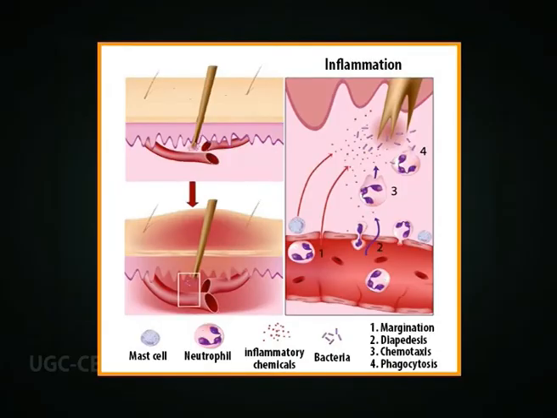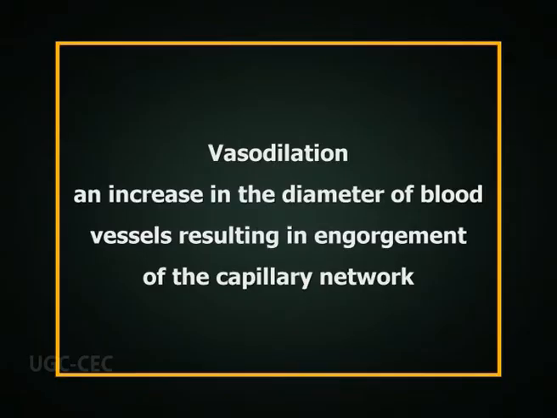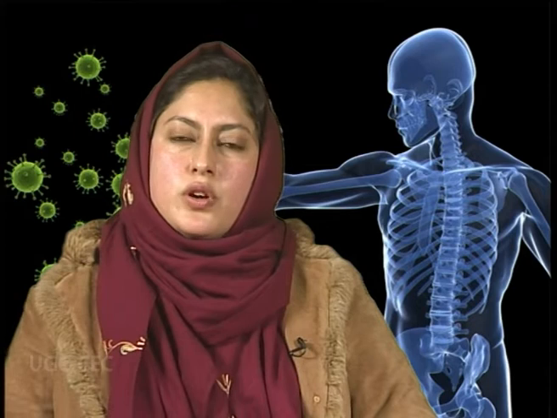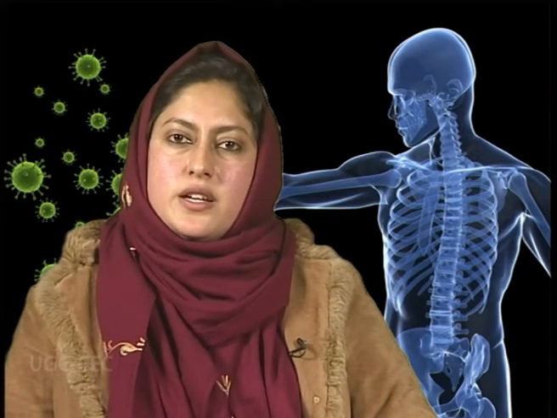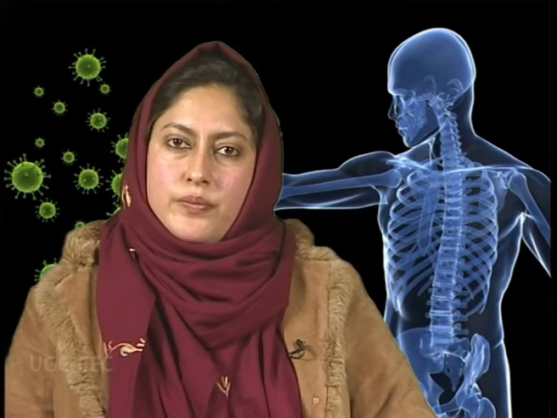The cardinal signs of inflammation reflect the three major events of an inflammatory response, which are as under. First of all, vasodilation, which is an increase in the diameter of the blood vessels resulting in the engorgement of the capillary network. The engorged capillaries are responsible for tissue redness and an increase in the tissue temperature.